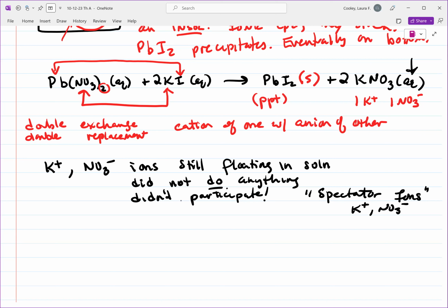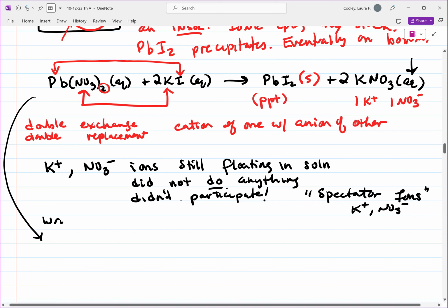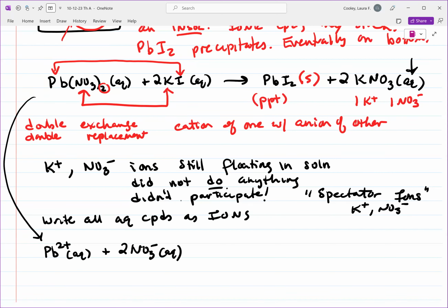And so what we can do is we can write this equation in a different way. Okay, so I could write all the aqueous compounds as ions. So I can write Pb2 plus aqueous plus 2 NO3 minus.